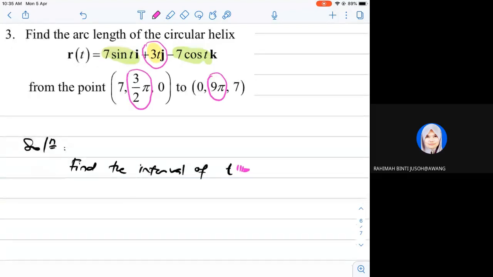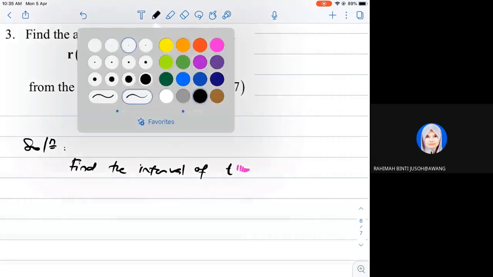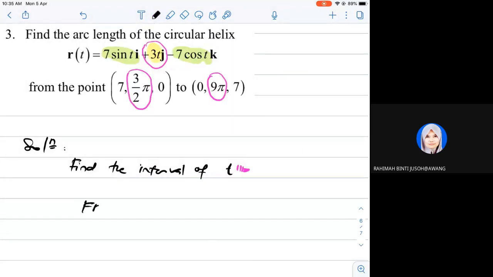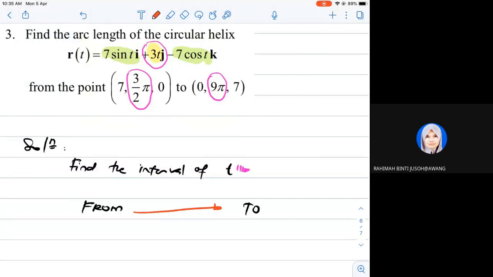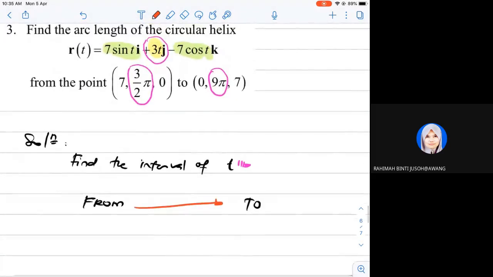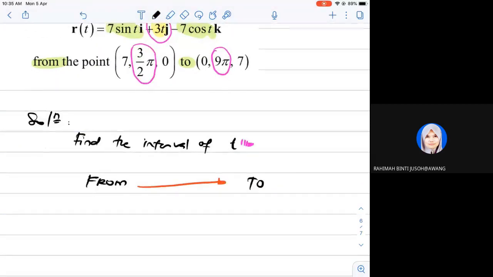Okay, so now find the interval of t from 2. Okay, so now from the point ni saya highlight sikit, from the point yang ni. So from 3 pi over 2, tengok 3t you samakan dengan 3 pi over 2 like this.